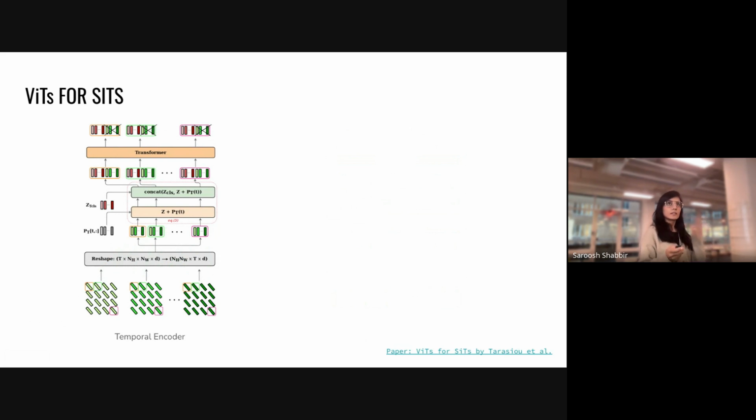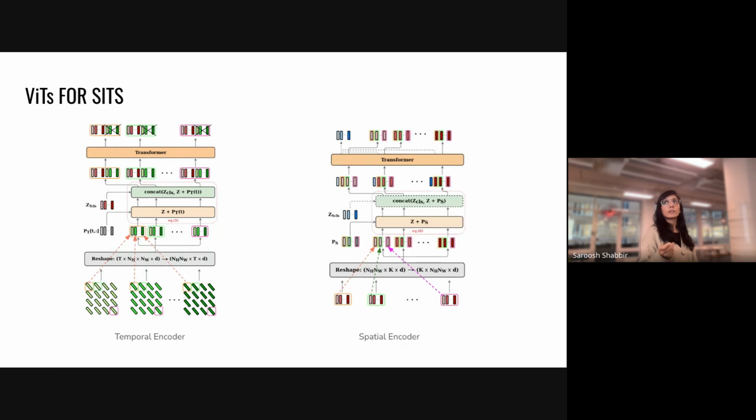After that, this is the temporal encoder. And after that, they pass this to the spatial encoder, which is like taking all the class tokens for each patch, adding the same process which was done for the vanilla vision transformer, position tokens for each patch, class tokens for each patch, and then passing it to the transformer.